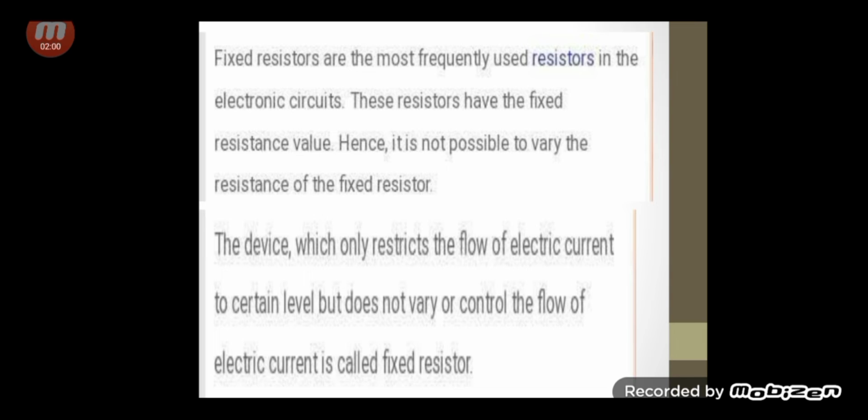These resistors have a fixed resistance value, hence it is not possible to vary the resistance of a fixed resistor. The device which only restricts the flow of electric current to a certain level but does not vary or control the flow of electric current is called a fixed resistor.